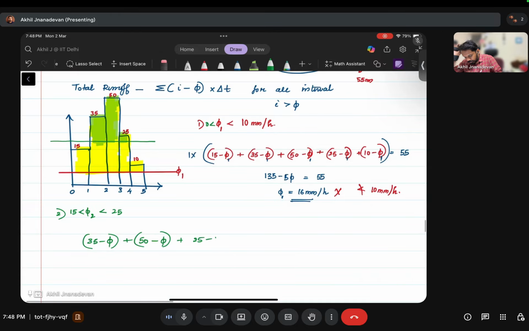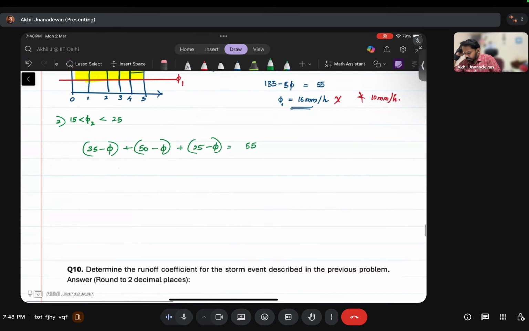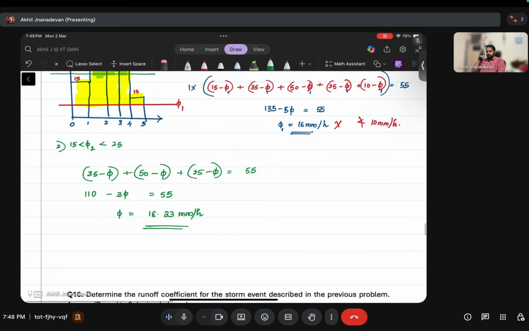So if you solve this, we'll be getting 110 minus 3 phi is equal to 55, and phi you will be getting as 18.33 mm per hour. Now we can check this phi, phi 2, the second assumption.